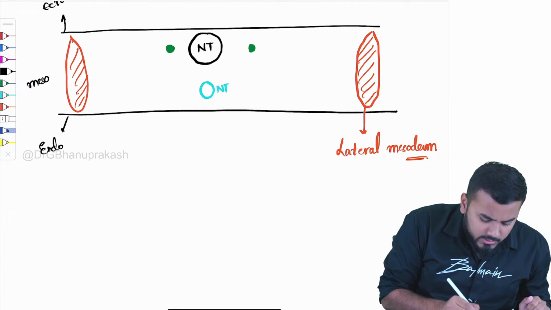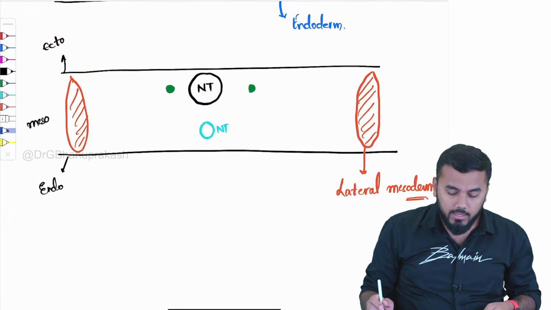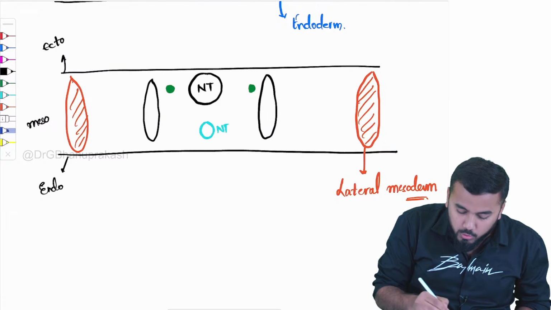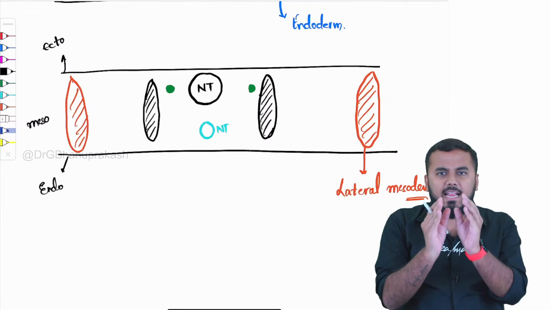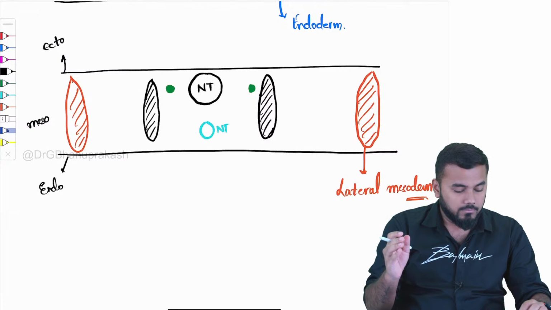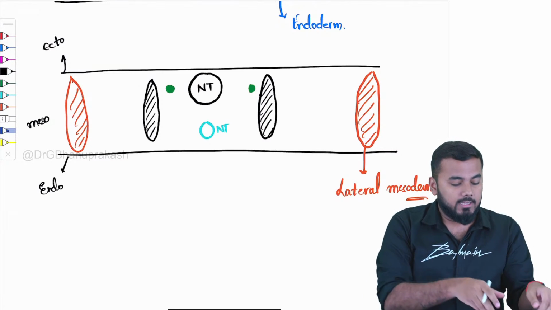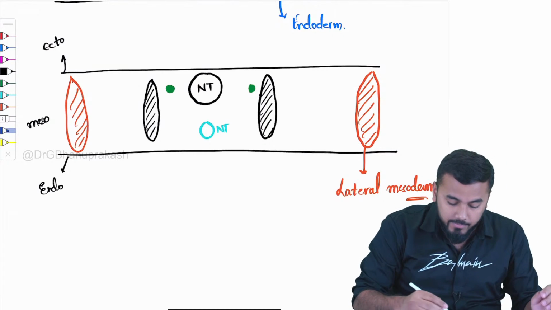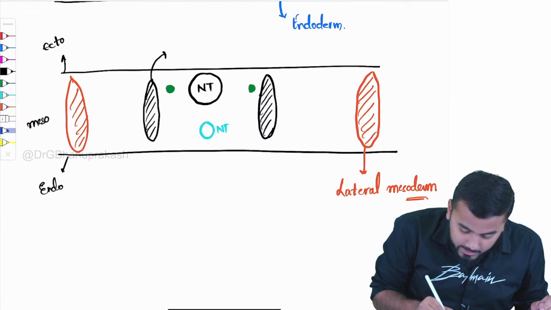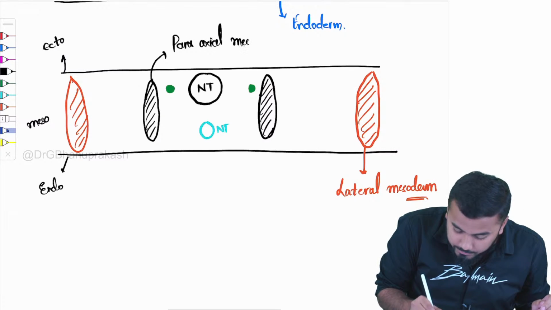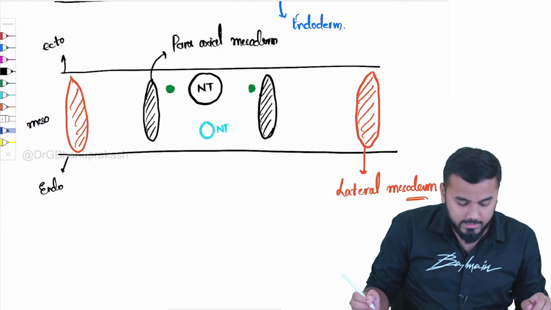Second important thing, now concentrate very carefully here. Exactly nearer to the neural tube also, I have got a piece of what? A mesoderm. Exactly on either side of the neural tube, I have got a piece of mesoderm, and this is called paraxial mesoderm. Paraxial mesoderm, right?